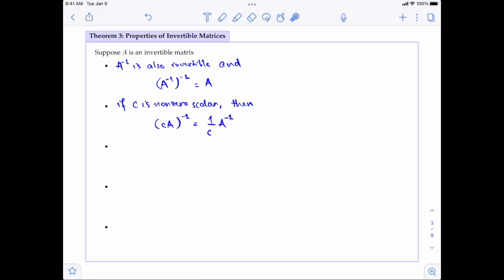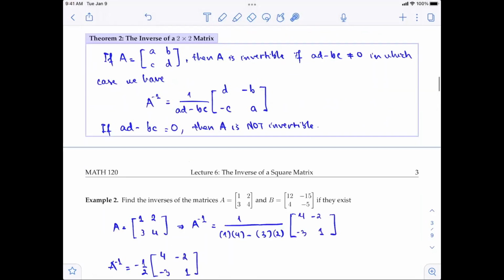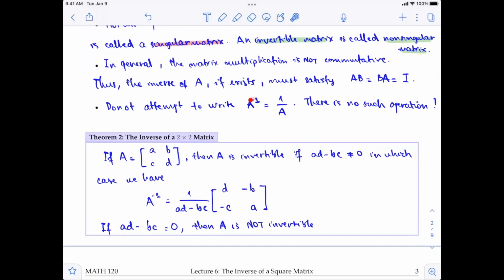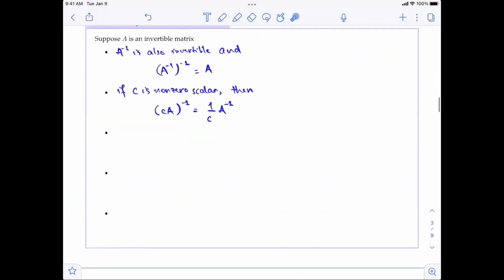So in one of the previous remarks, we don't have this particular operation of 1 over the matrix. However, in regular calculations in mathematics, C to the -1 means that you take the reciprocal of C, 1 over C times A inverse. Okay, so hopefully you can see the difference.